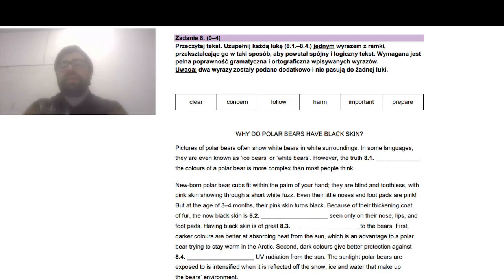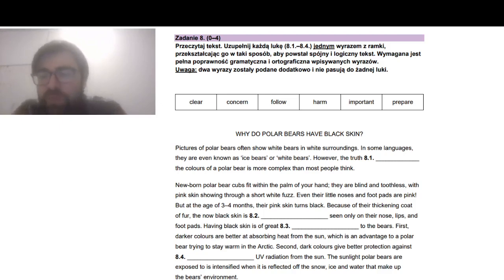So we can also read the next sentence if you have some problems understanding the context. But in this case, again, what part of speech do we need? Let's look at what comes after it and what comes before it. So their black skin is, this is a verb, something, seen only, seen. So you have two verbs.